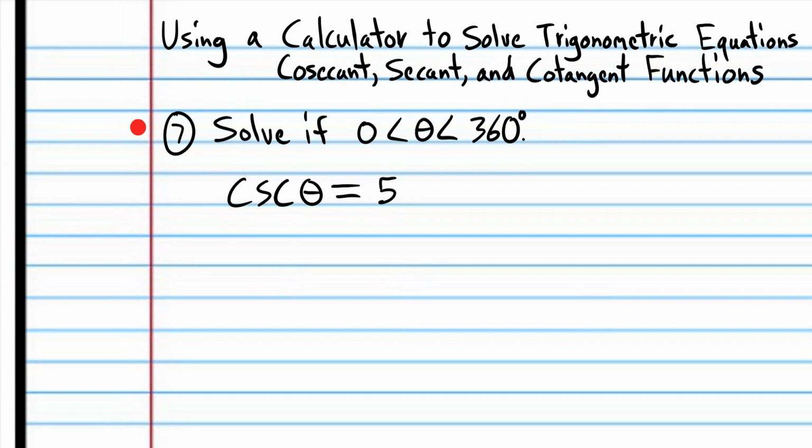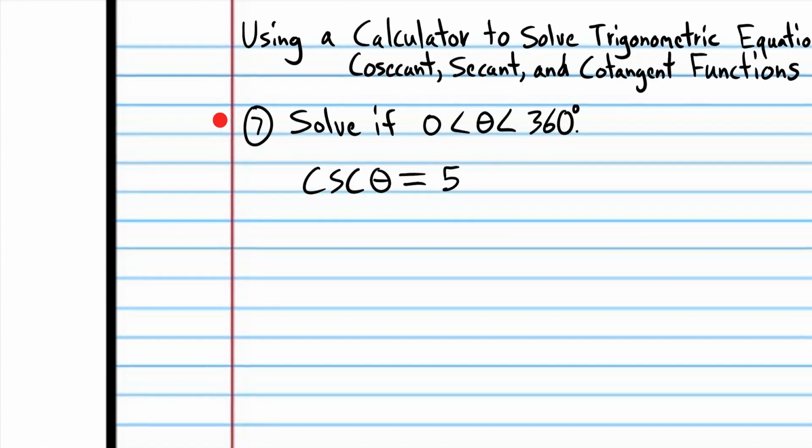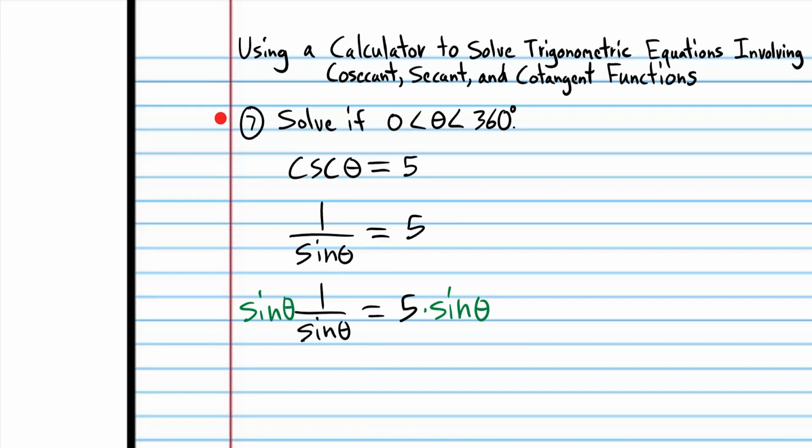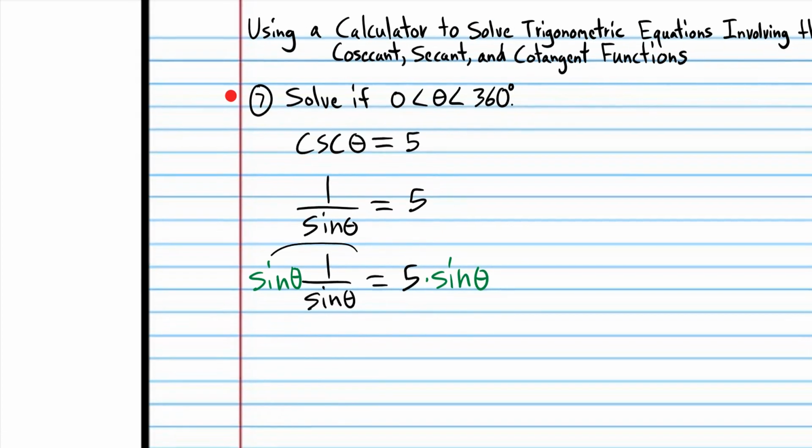But a way to avoid this is we can use, again, a reciprocal identity. Isn't it true that cosecant theta is equal to 1 over sine theta? I'm now going to use basic algebra. I'm going to multiply both sides by sine theta. The sine thetas cancel out on this side, and we're left with 1 is equal to 5 times sine theta.